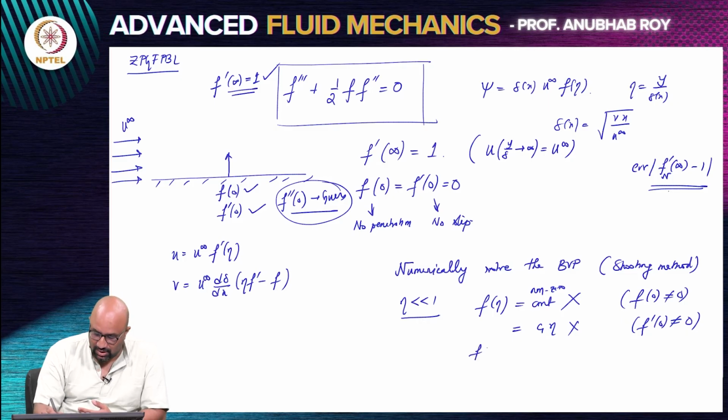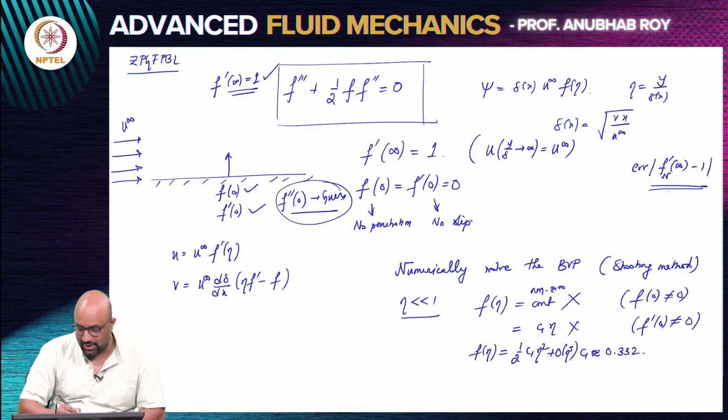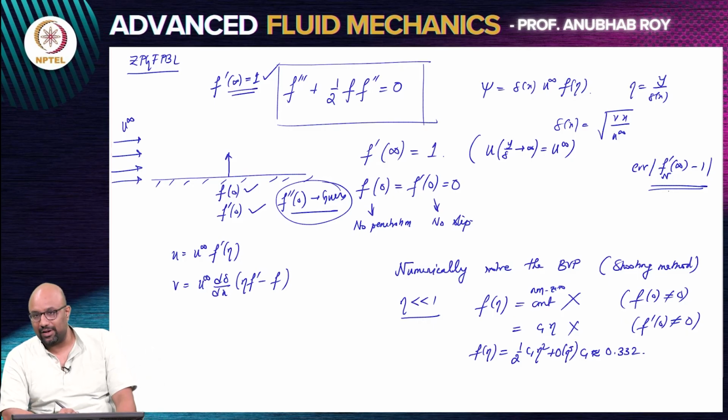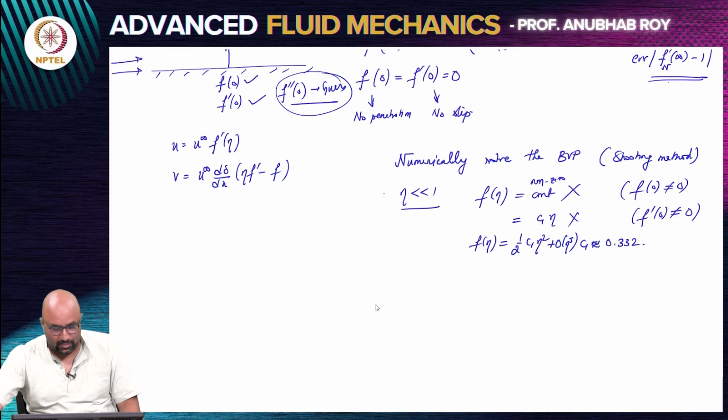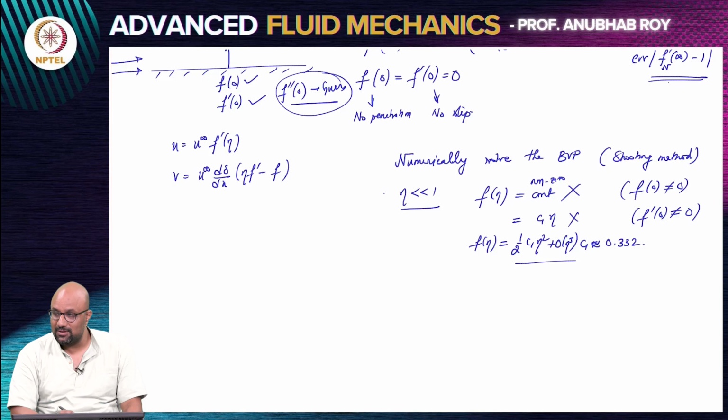The series solution is f of eta is half C1 eta square, where C1 is approximately 0.332, and it's a series solution where the next term is actually not eta cube but rather eta to the power 5. So, it's quite tedious in terms of doing this calculation because you need to work out a significant number of higher order terms in the series in order to find how the series behaves.